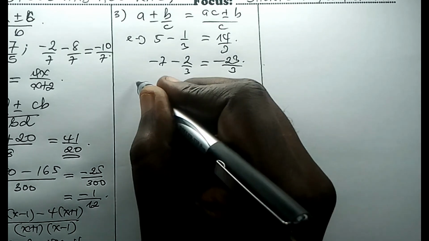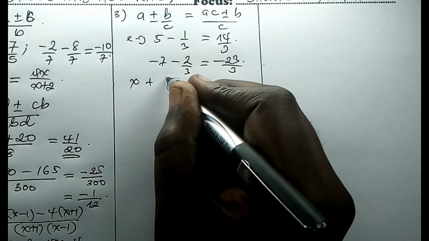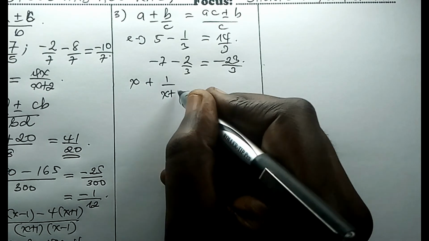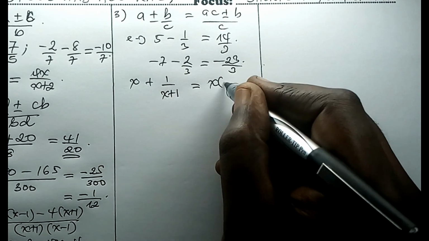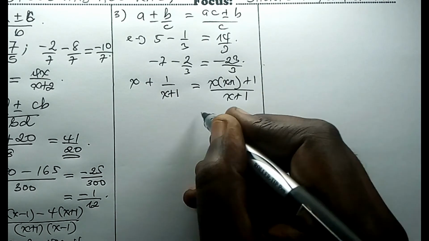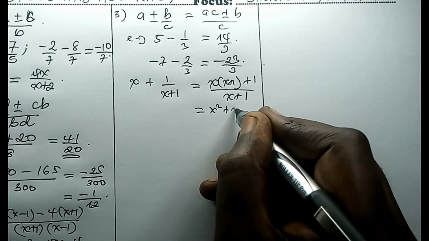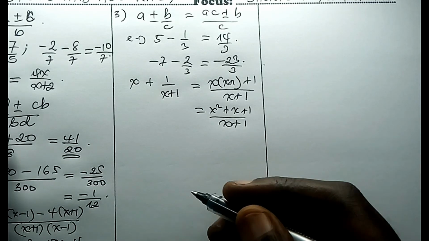If I had x plus 1 all over x plus 1, I will get x into x plus 1 all over x plus 1. This gives x squared plus x plus 1 all over x plus 1, and so on.